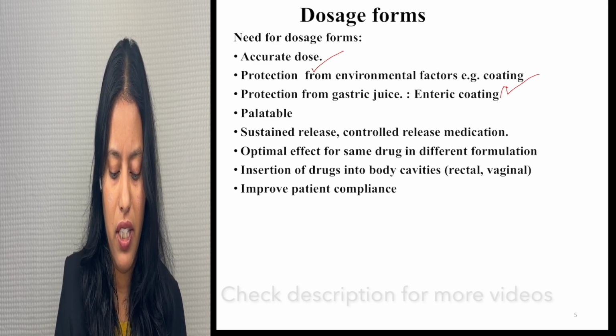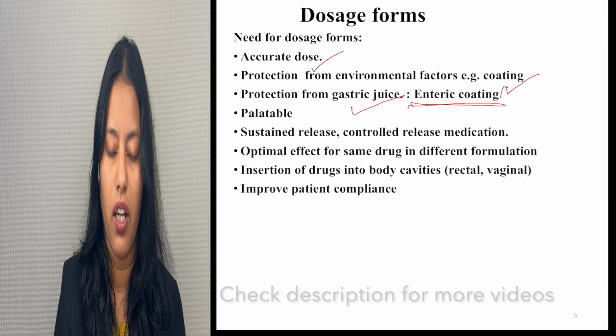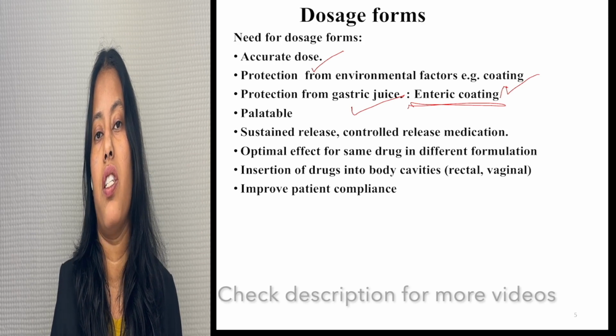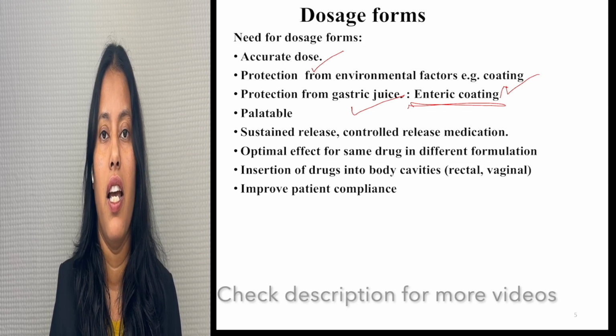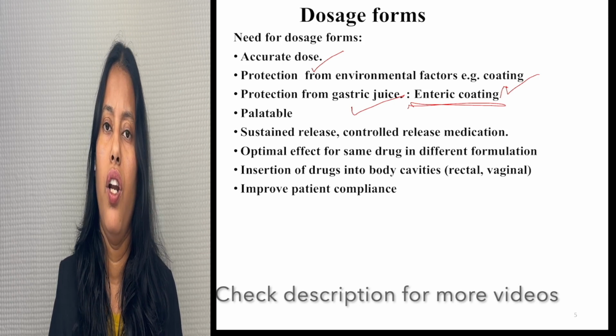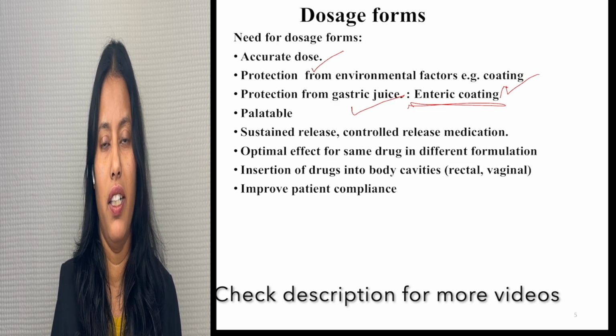Next is protection from gastric juices, or enteric coating. Whenever you eat anything, first it goes to the stomach, and your stomach has many acids, and some drugs may undergo degradation in this acidic condition. So it is better to release the drug in the intestine and have the effect of the drug there.